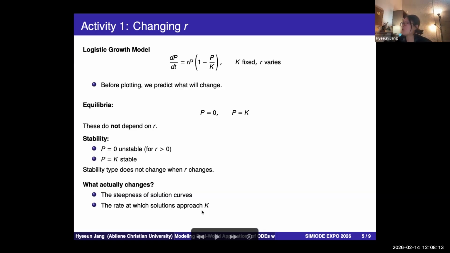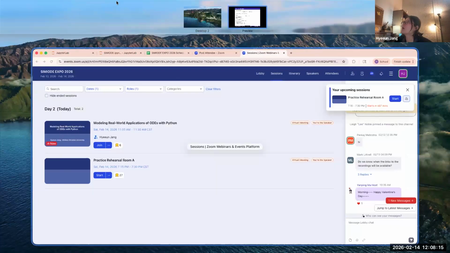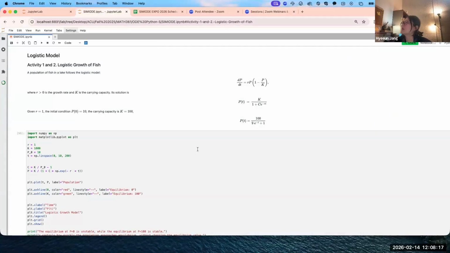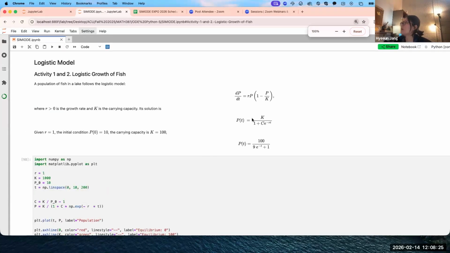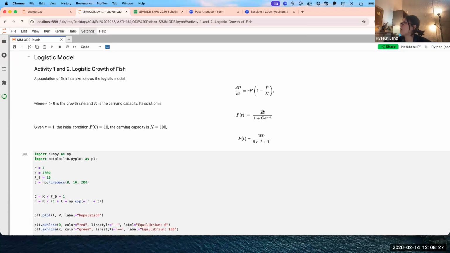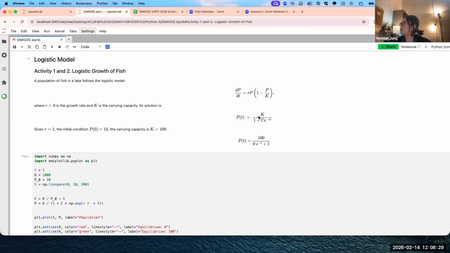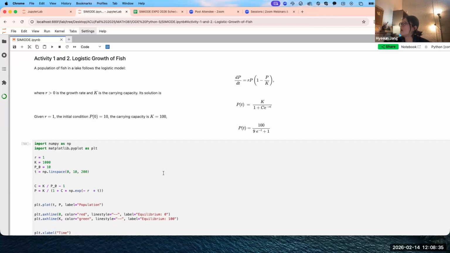So I'm going to share the Python that I used last semester with my students. I exactly copied and pasted what we did together by hand: the same numbers, same initial condition, same carrying capacity.